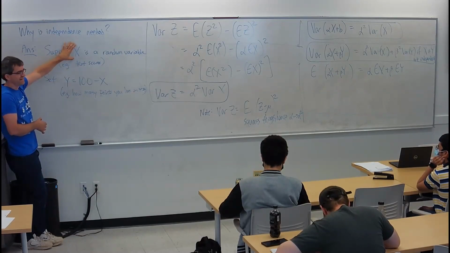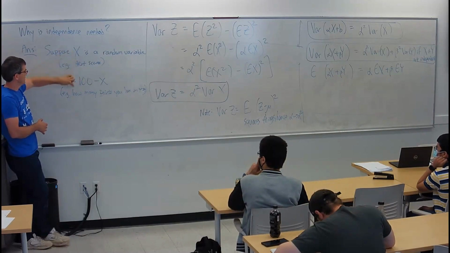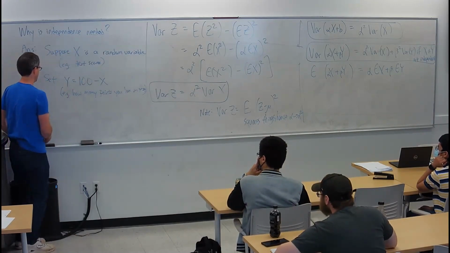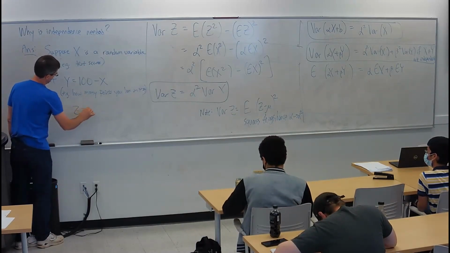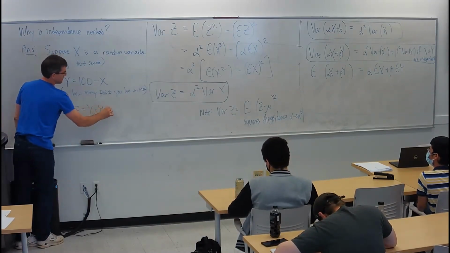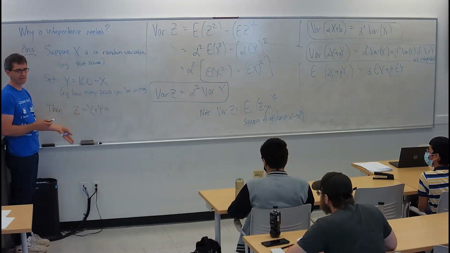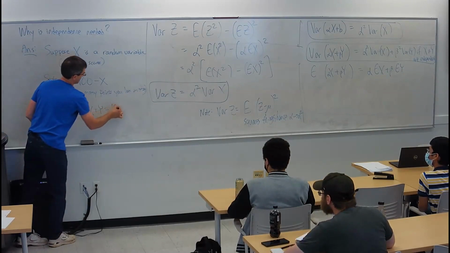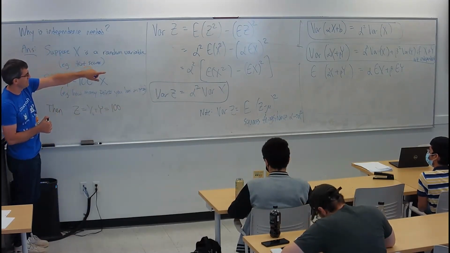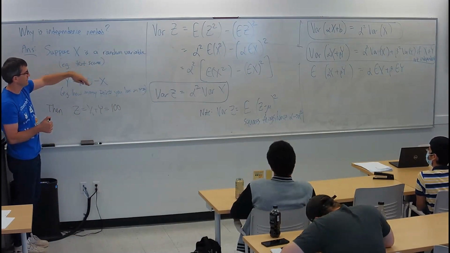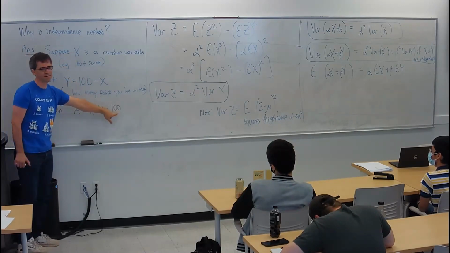Okay, so these both vary. Test scores vary, and so the points lost vary. What about the sum? If I add these together, I get 100. So if we look at that variance formula, with alpha and beta being 1, the variance of x plus y is the variance of 100.